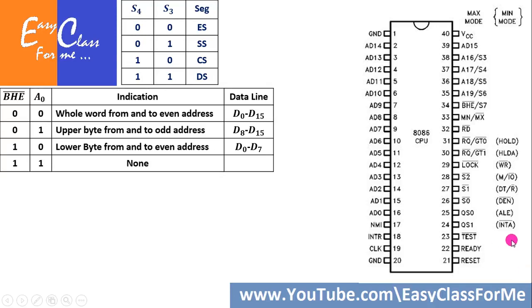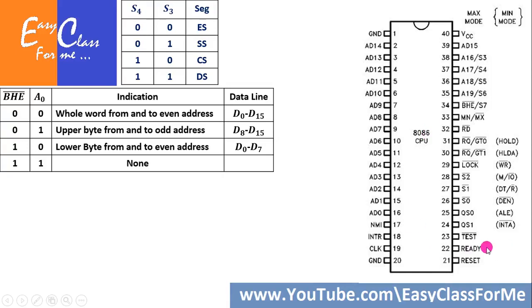externally interfaced memory or the peripheral has to indicate this through a ready pin. Means whenever the device is ready to accept a byte of data, it will float this pin as high, because it is an active high pin, and the microprocessor will know that now it can transfer data. Then after the transfer of data, this ready pin will be floated to low by the external device, so that the microprocessor will stop transferring the data and do its own operations.